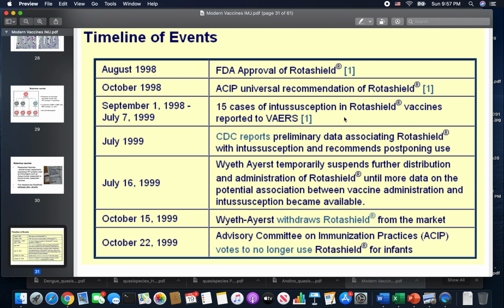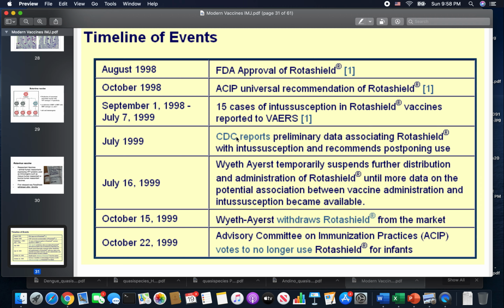It causes a condition something like appendicitis, where you get a little pocket with bacteria in it that's kind of fermenting on its own, and it can swell up and cause problems. It can be potentially life-threatening, and it can be corrected fairly easily with surgery. But this very rare condition happened in 15 cases.